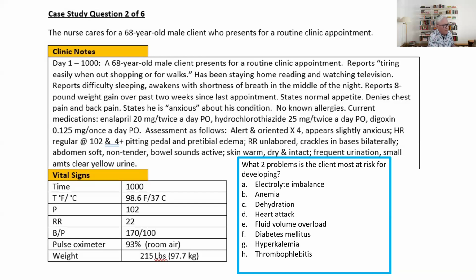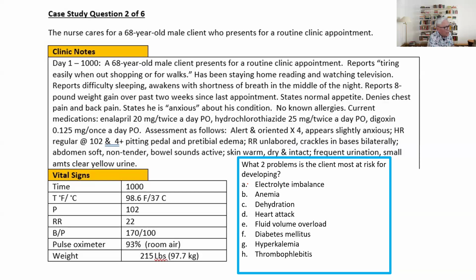Let's examine this. What two problems is the client most at risk for? If I'm answering this on NCLEX, I will have tentative answers first, which means you consider them but reconsider them later. So electrolyte imbalance.